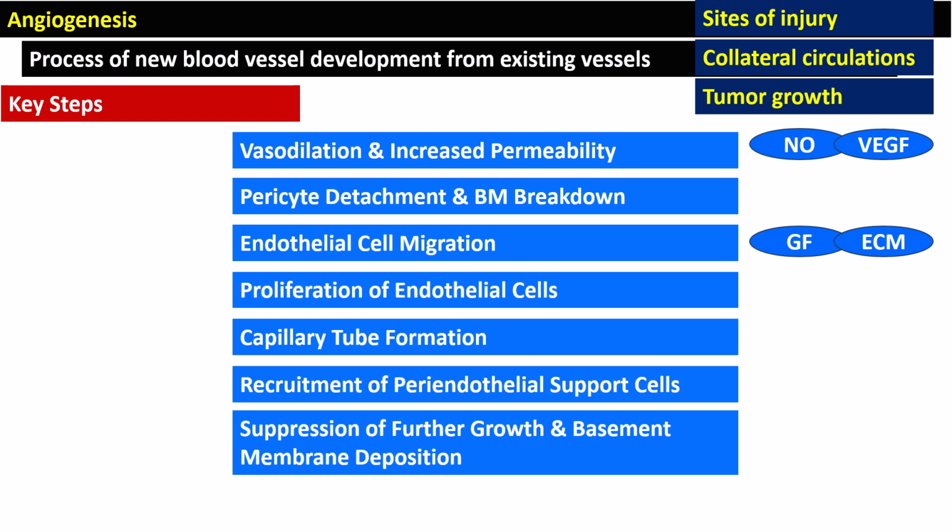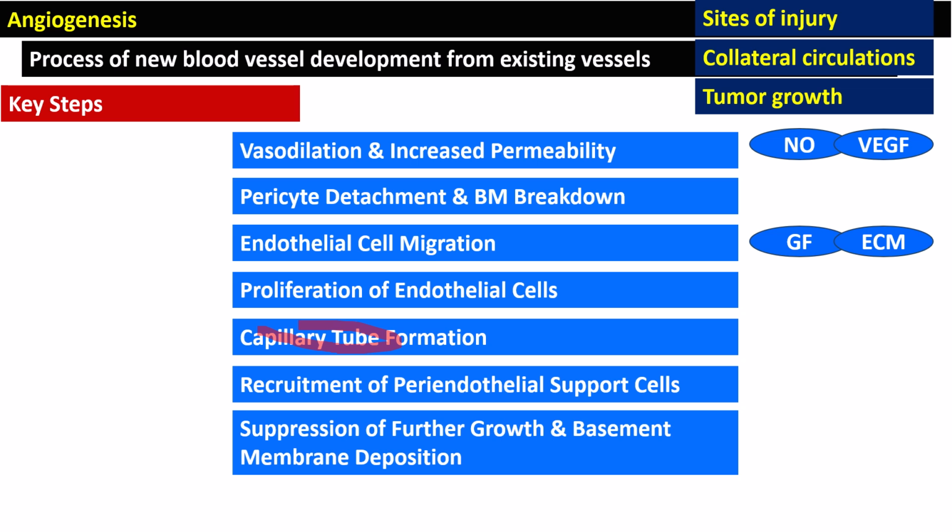The cells just behind the tip of the migrating front multiply to create a cellular scaffold. Then there is capillary tube formation, and the remodeled endothelium forms a lumenized tube for the blood vessel.